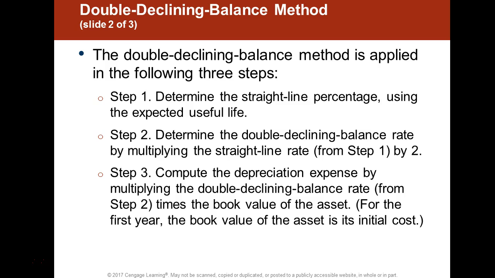Let's take that same example and use the straight line method and compare that. We have an asset of $10,000. We have a residual value of $1,000. We have a 5-year asset. So I'm going to take the $10,000, subtract the $1,000 from it, which is the residual, and I divide it by 5 years. I get $1,800. So for straight line, I have $1,800 annual depreciation.